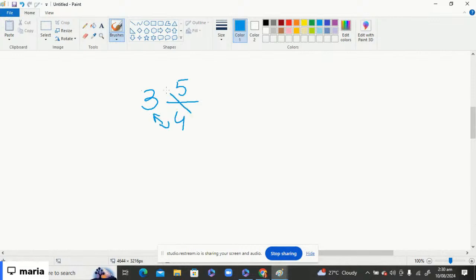Always multiply these two numbers and then add this one. So 4 times 3 is 12 plus 5 is 17 over 4. Understand?